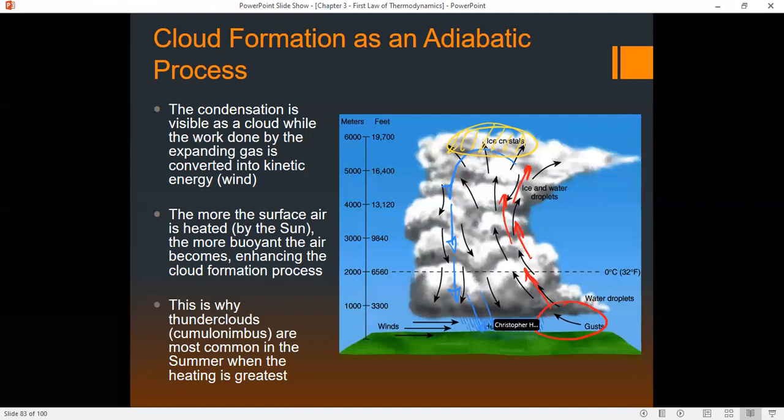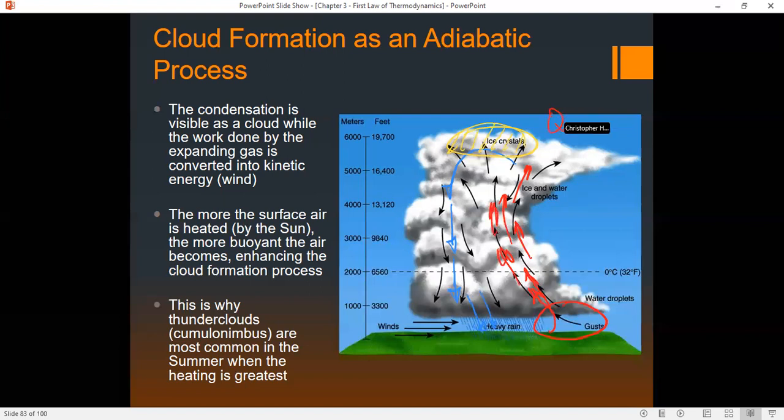Okay? Well, this also produces strong downdrafts. The water, the ice heading for the ground, heads downward at a pretty good velocity. It displaces the air in front of it, causing even more air to get pushed up into the atmosphere.